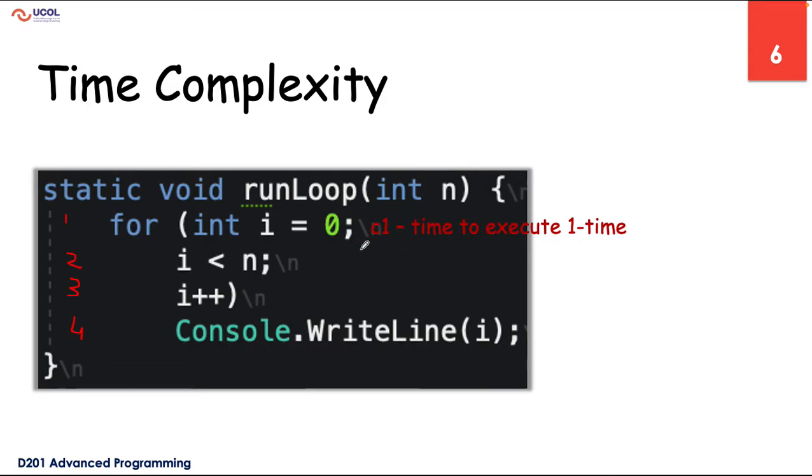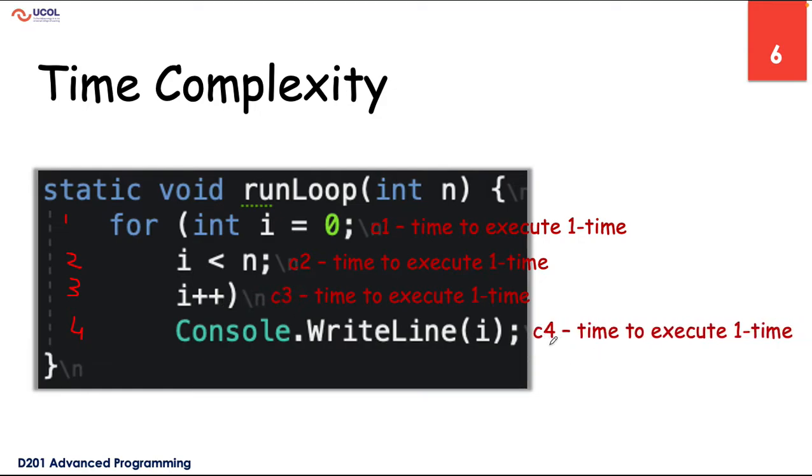And then we say that C2, comparing i and the value of n, will take some time on some specific platform, so it takes C2 time. That's again a constant value. And then if we say i plus plus, so we are incrementing, then again it takes a constant time, C3, and this one takes C4.